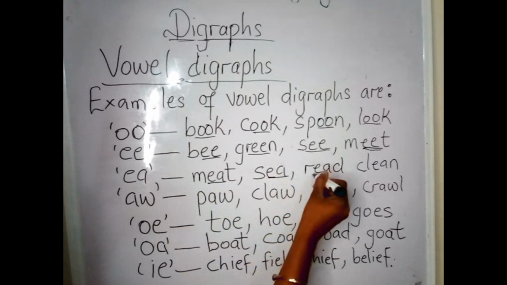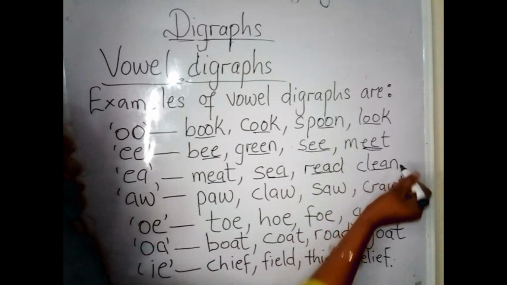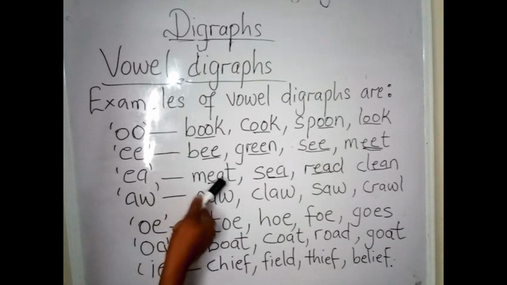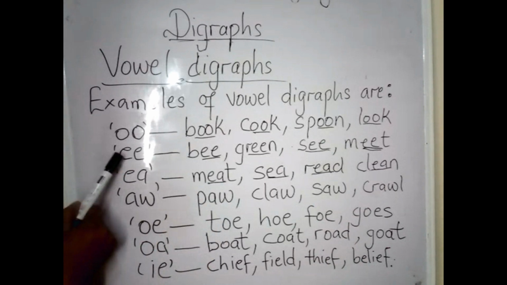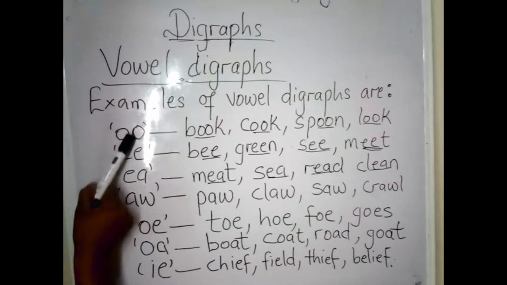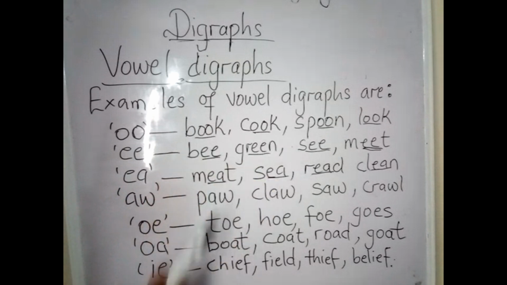So you see that the sounds E and A combine now and they change to E sound. Here the sounds E combine to form E sound. Here the sound O combine to form O sound.